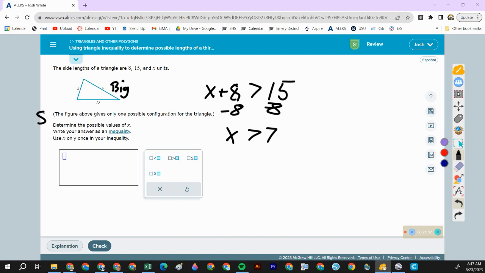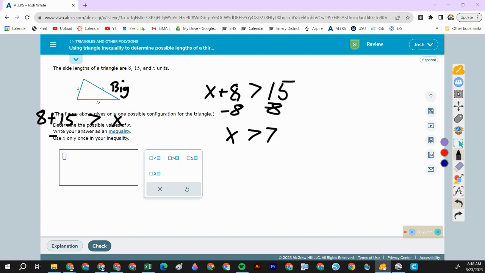It would be 8 plus 15 is greater than x, right? So if x is the smallest side, then x plus 8 has to be bigger than 15. But what if x is the longest side? Then 8 plus 15 has to be bigger than x.